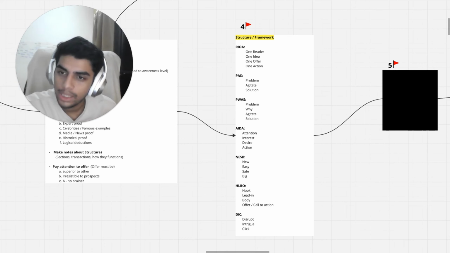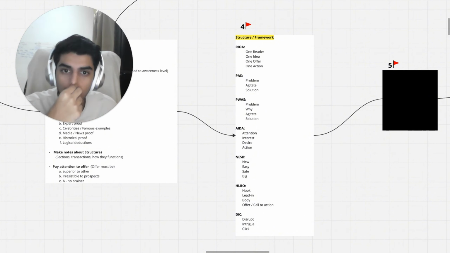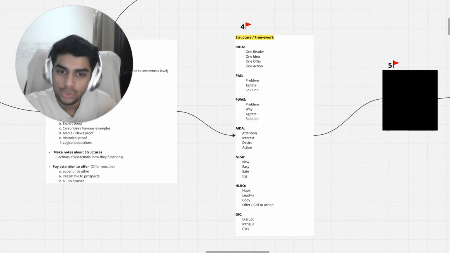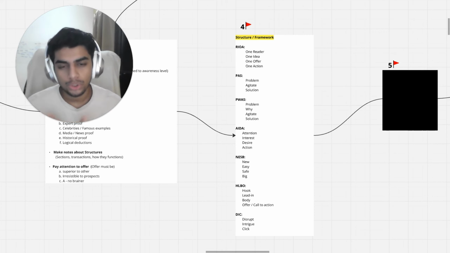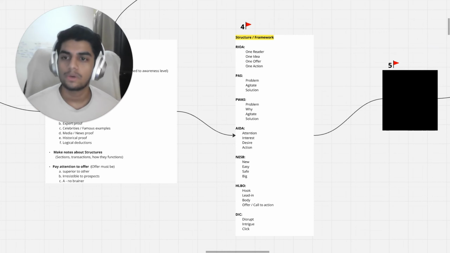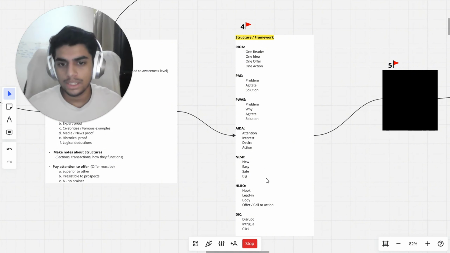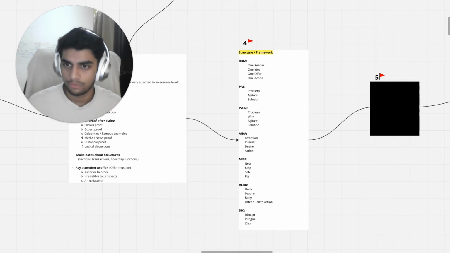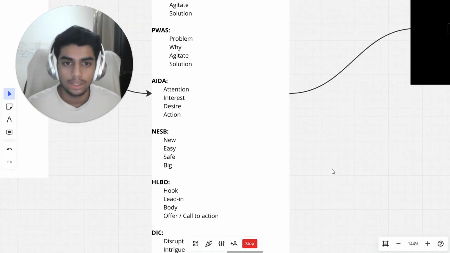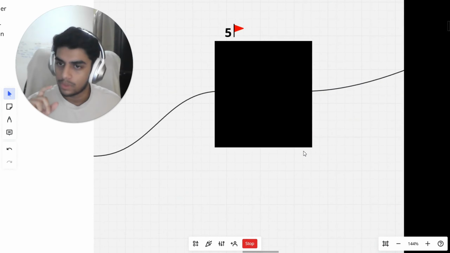But if it's intriguing, if it's agitating the problem, if it's calling out one action, if it's calling out your problems, your desires, new things, new opportunities, if it's making things feel easy for you, if it's deriving a safe action, that whatever the copy is saying, it's safe for you and you should do it, then these are the things we look for in a copy. No particular copy follows a particular structure or framework. So please remember this, because when we actually break down the copy, you will see a lot of things.